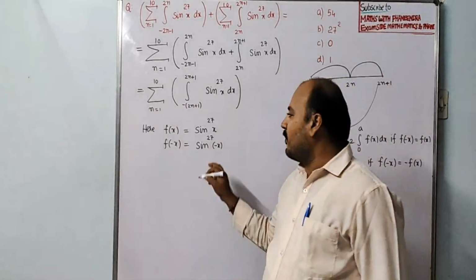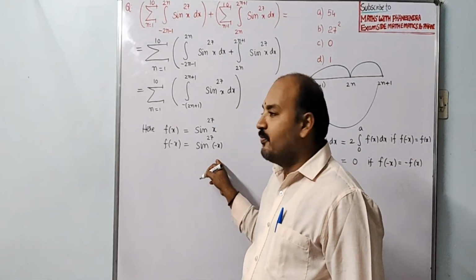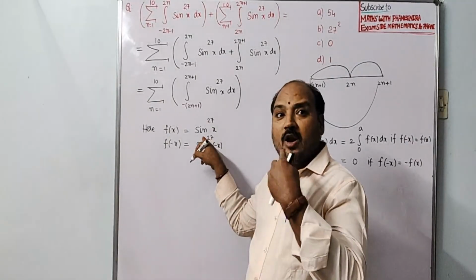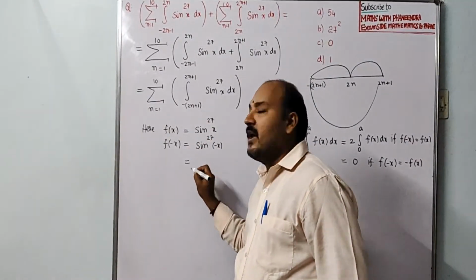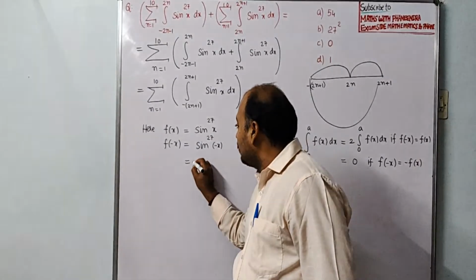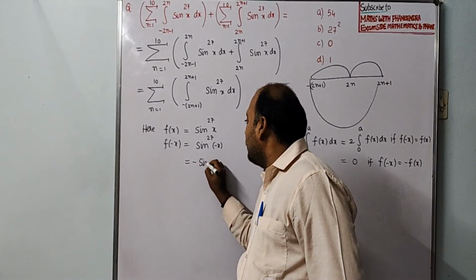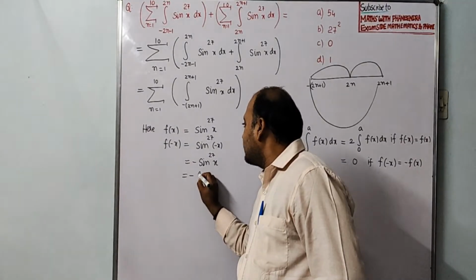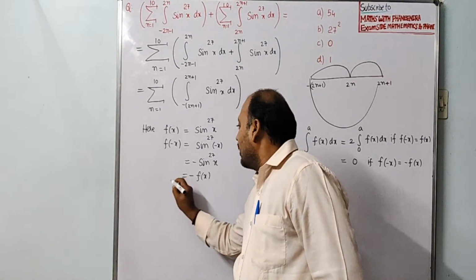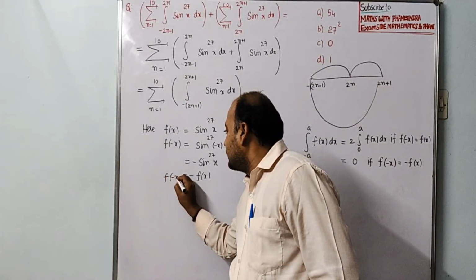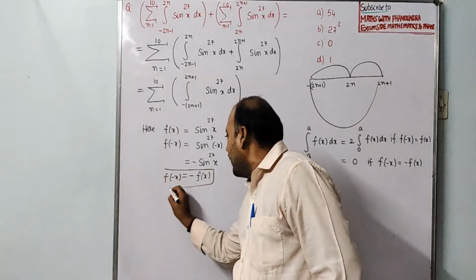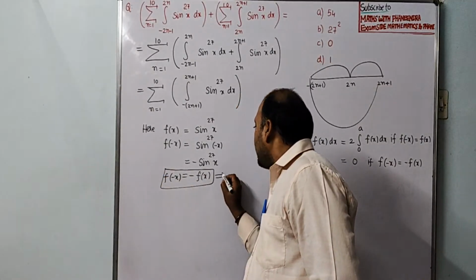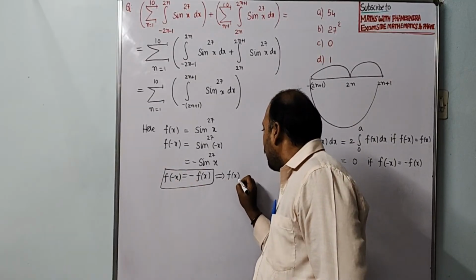Sin of minus theta is minus sin theta. So minus sin theta whole power odd number of times, so minus odd number of times is minus only. Minus sin power 27x, which is equal to minus f of x. f of minus x is equal to minus f of x. That implies that f of x is an odd function.